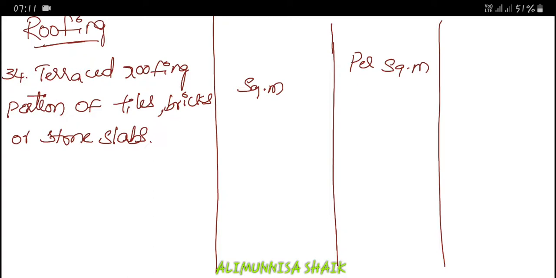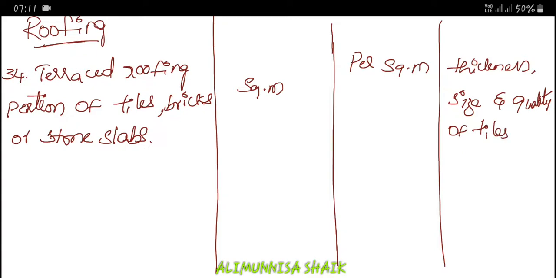The unit rate is fixed per square meter. When it comes to your mode of measurement, the thickness, size and quality of tiles, brick or stone slab shall be stated.